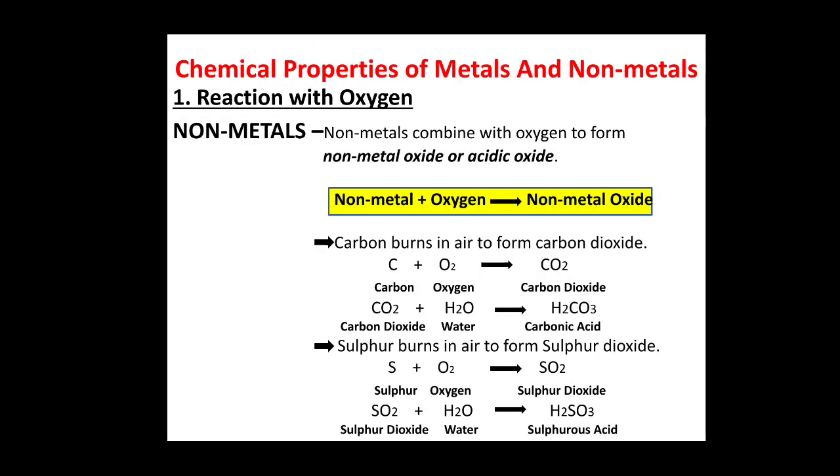Then let us see the reaction of non-metals with oxygen. What happens? Non-metal when combined with oxygen forms non-metal oxide, or acidic oxide. Okay. When non-metal reacts with oxygen, that gives rise to non-metal oxide. Let us see some examples. When carbon reacts with oxygen, that gives rise to carbon dioxide, CO2.